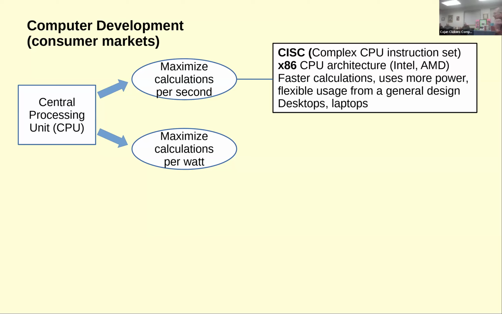Every time they could make a decision, they'd make it faster. And it would use more power, and they didn't care. They just made it faster and used more power. They also made a chip that could do almost anything. It was very versatile. And so from that, we have our desktops and laptops, all the Windows desktops and laptops. That's where it came from.